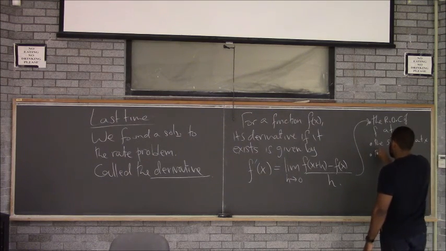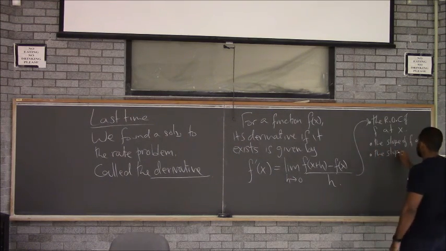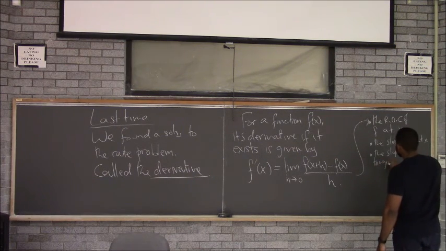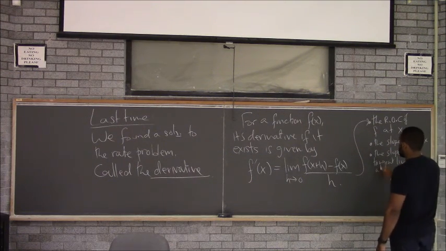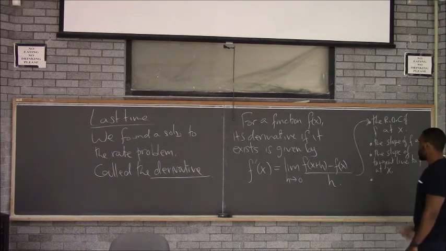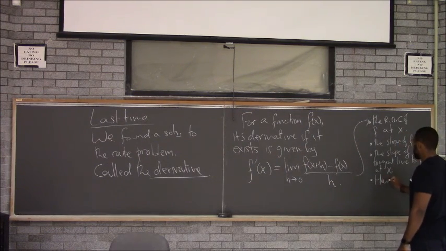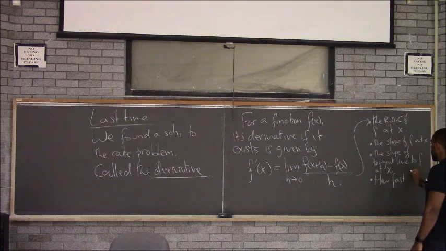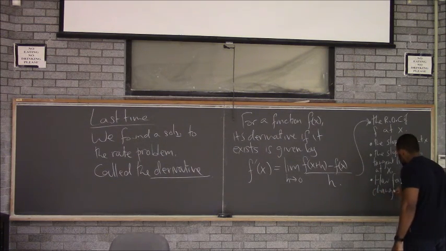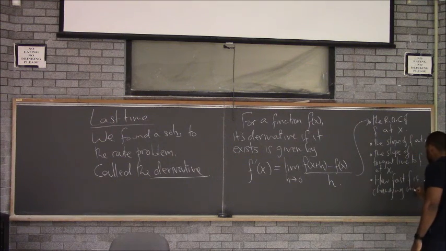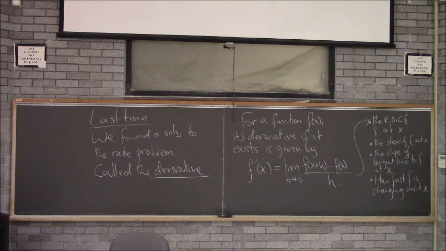It is, more specifically, the slope of the tangent line to f at x. You can also think of it in terms of a speed or a rate, how fast f is changing with respect to x.